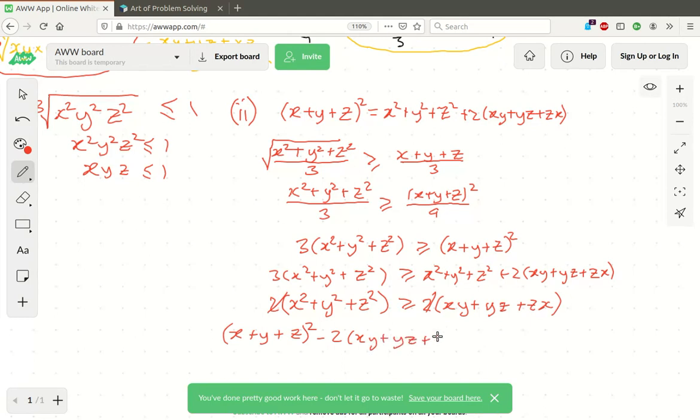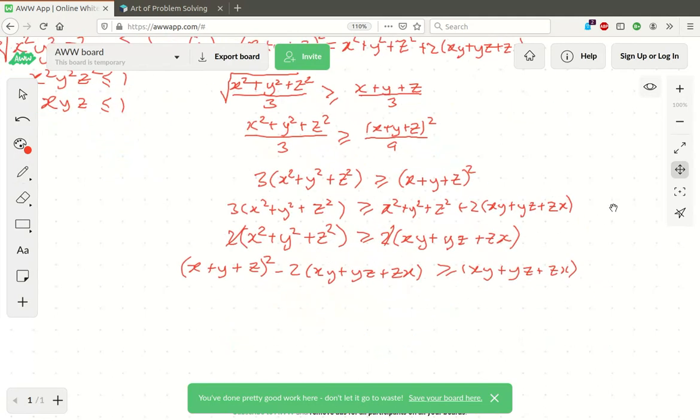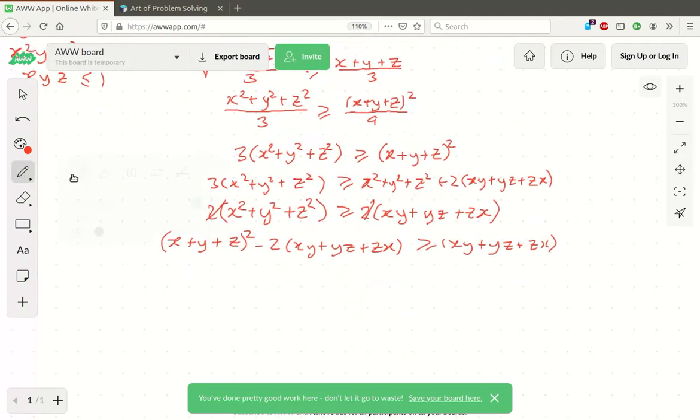Yeah, this is now good. Is greater than or equal to xy plus yz plus zx. Take it onto the other side, and then I've got my x plus y plus z in terms of an inequality, which I already have conditions on. 3 times xy plus yz plus zx.